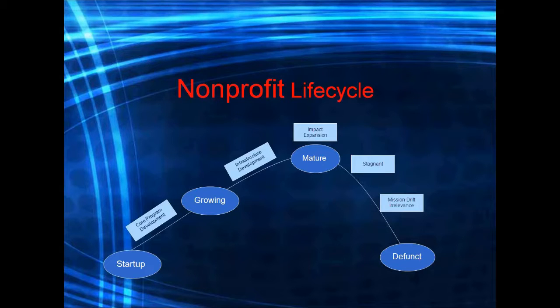So every agency, once it hits the maturity stage, will typically need to expand its capacity just to avoid remaining stagnant. Being stagnant automatically leads into the mission drifting into irrelevance.